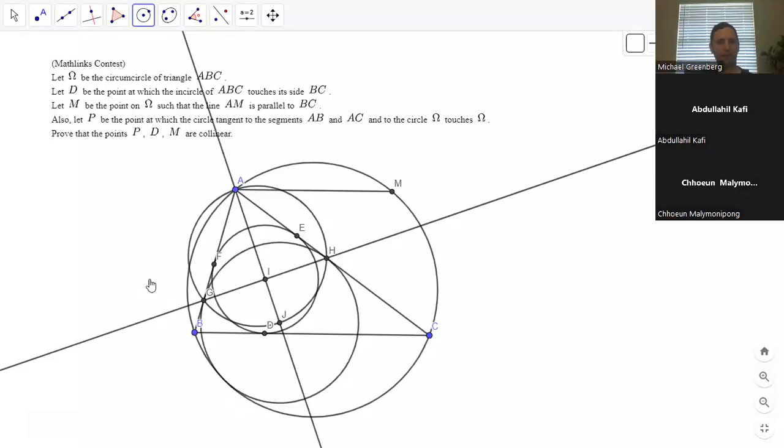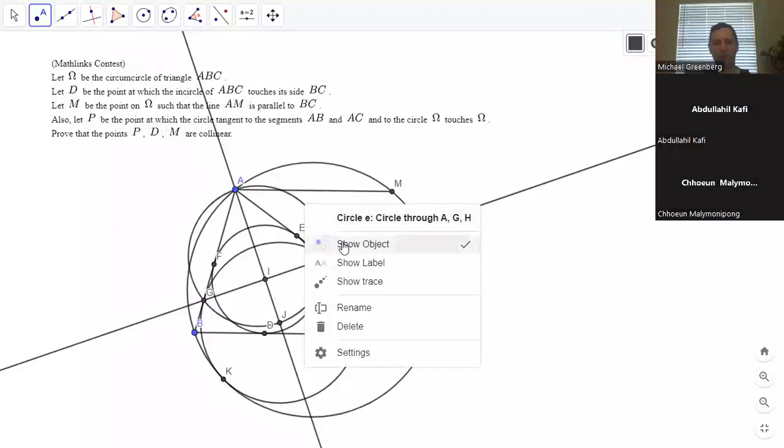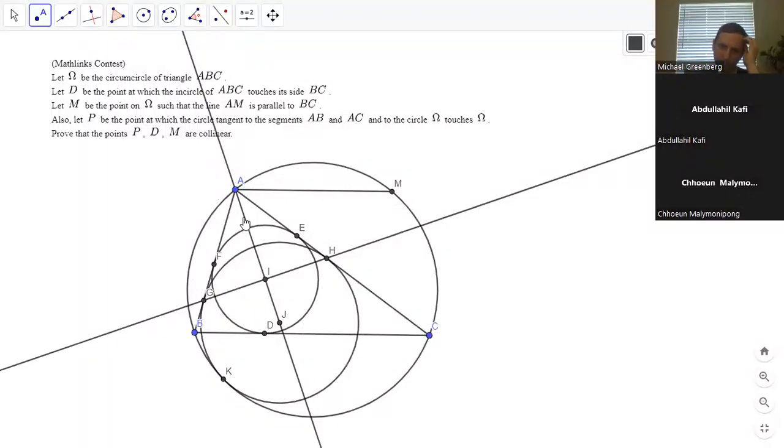So it's showing MD and this point are collinear. I know I've seen this before. I think it's an EGMO, pretty sure. But let's try to prove it ourselves.